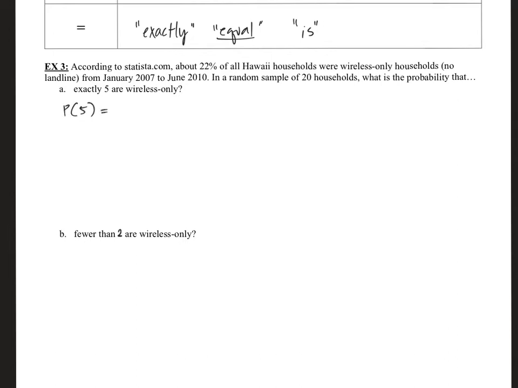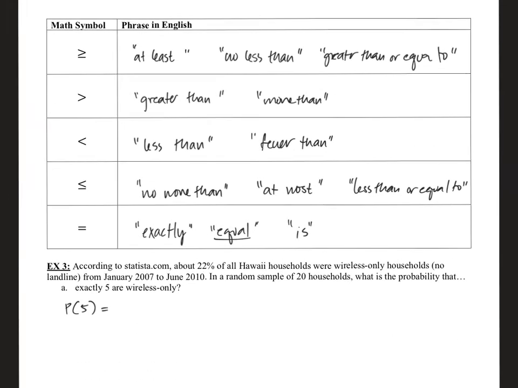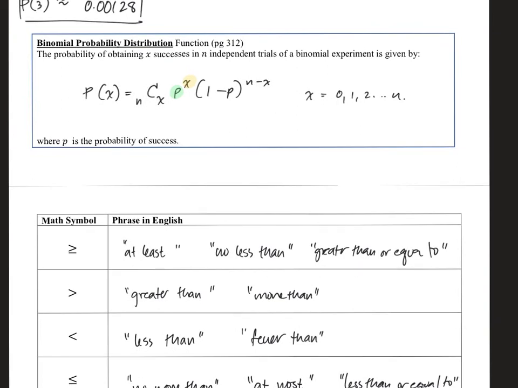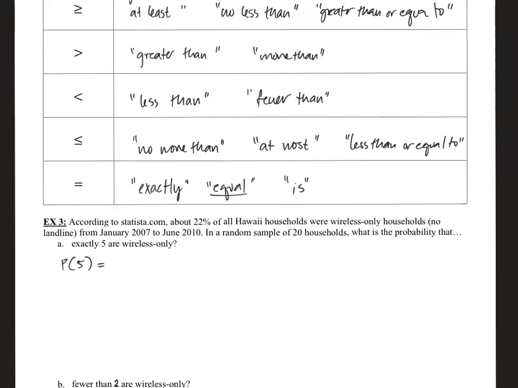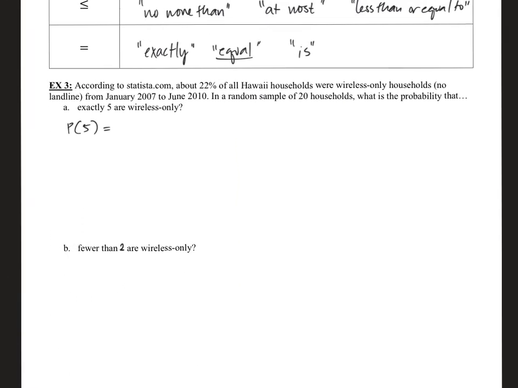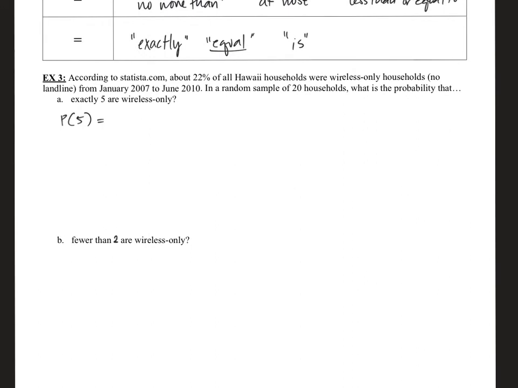Using our formula, we need the sample size, the probability of success, and the probability of failure. N is going to be the sample size, which was 20. What we're trying to find is x equal to 5. And our probability of success is 0.22.